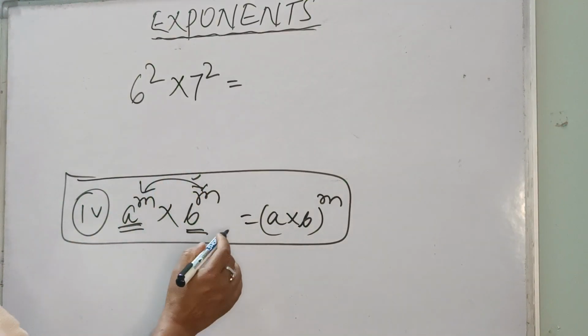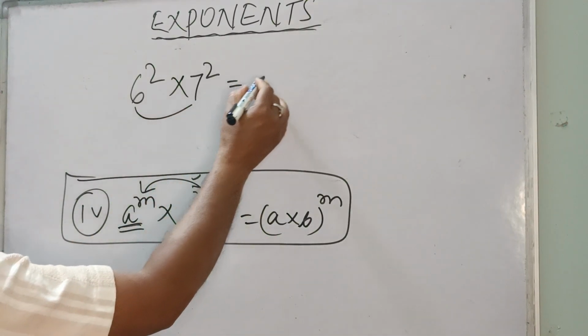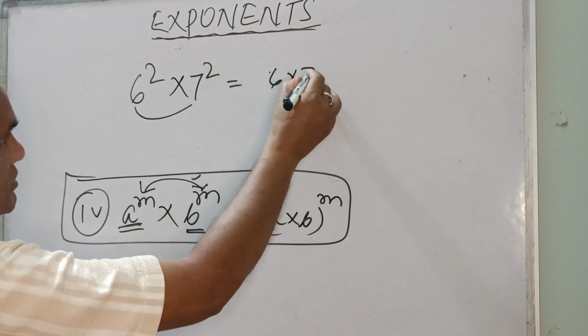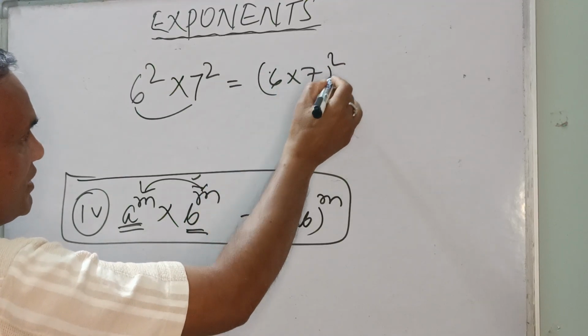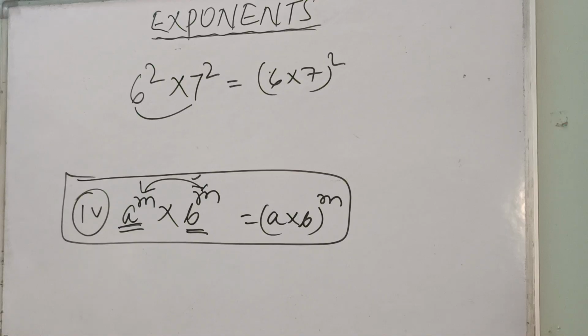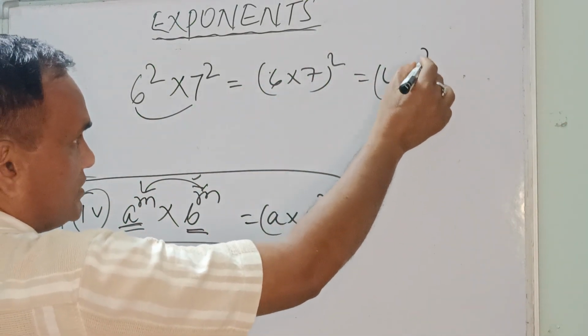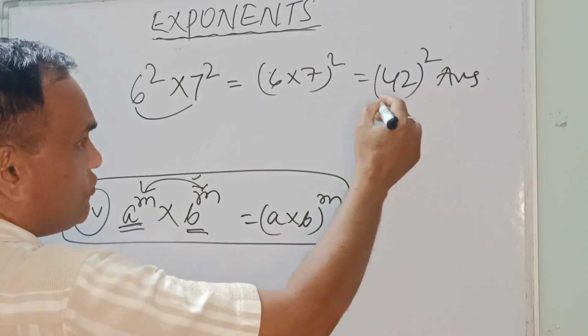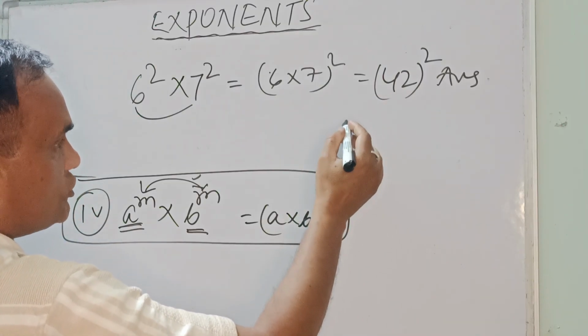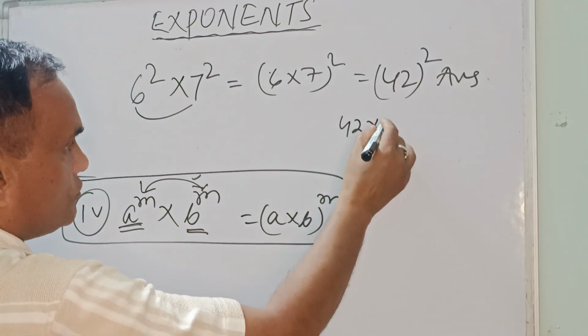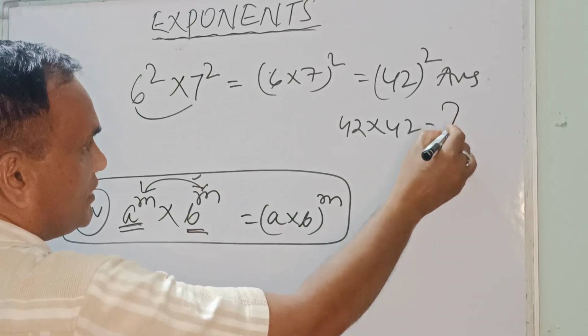So as per this law, a into b, that is 6 into 7, we'll write here 6 into 7 and power 2. This is a good trick. So 6 times 7 is 42, and power 2. This is your right answer. If you want the solution, you write 42 into 42, then you get the answer.